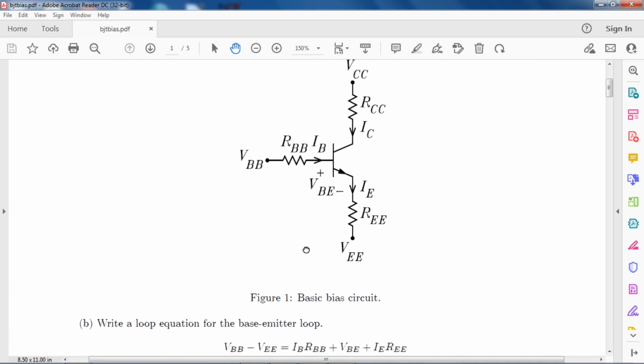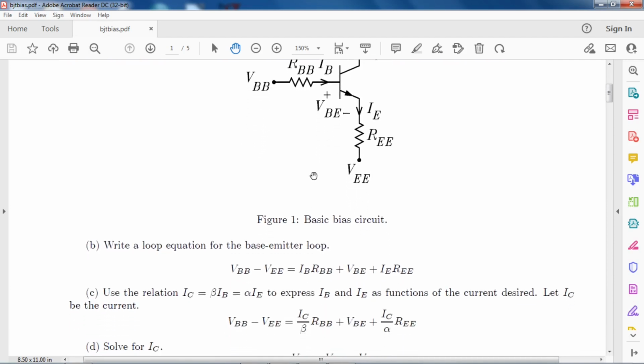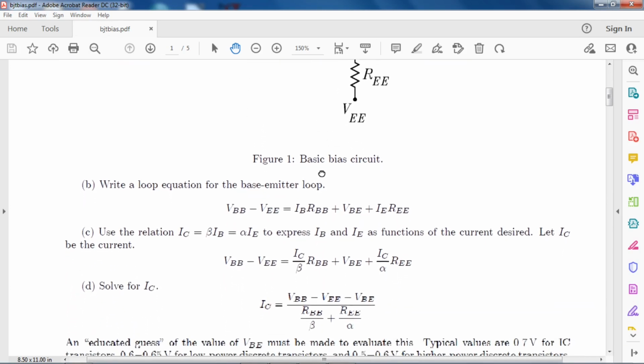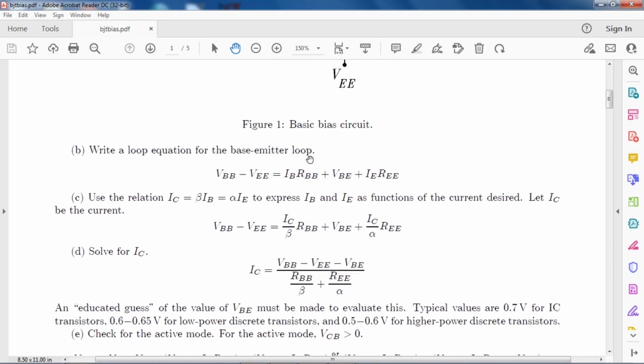The math is actually very easy here. You apply Kirchhoff's voltage law. You use the relation IC equals beta IB equals alpha IE, where alpha is equal to 1, and beta is the transistor gain, and you solve for IC, which is the important variable here.